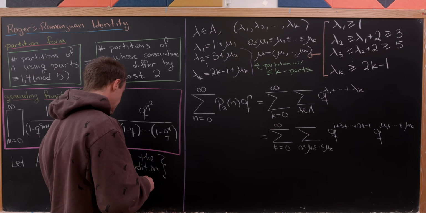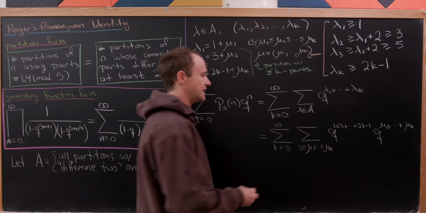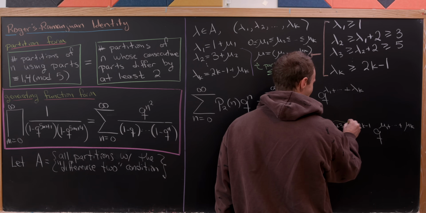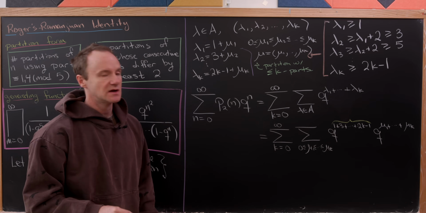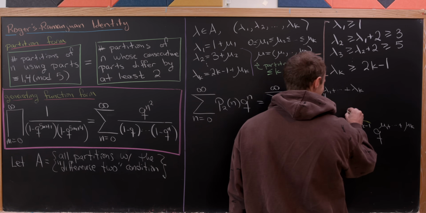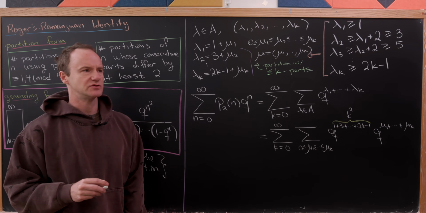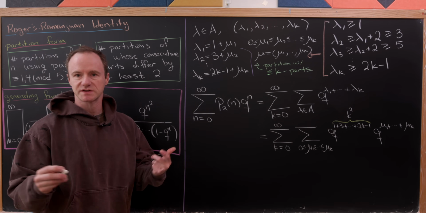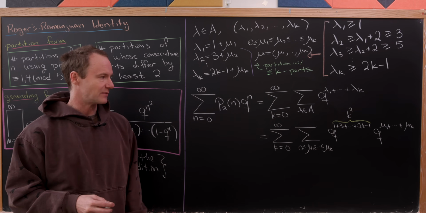And now here's a nice identity, which I won't prove here, but you can easily prove it with induction. And that is if you add together the first k odd numbers, so in other words, you add 1 plus 3 plus 5 all the way up to 2k minus 1, you get exactly k squared. And you can see that's true just by experimentation. Of course, that's not a proof, but you could maybe have some motivation for that being true.